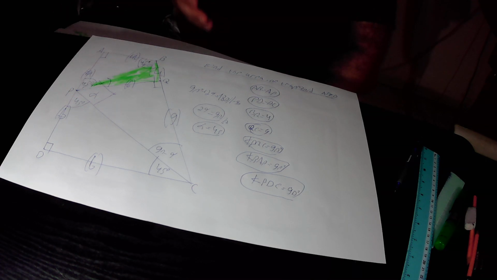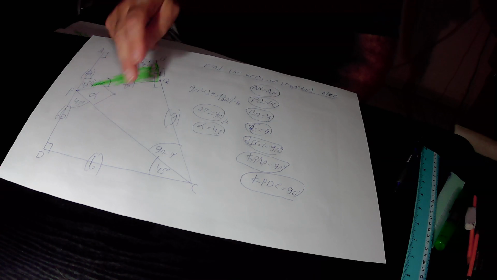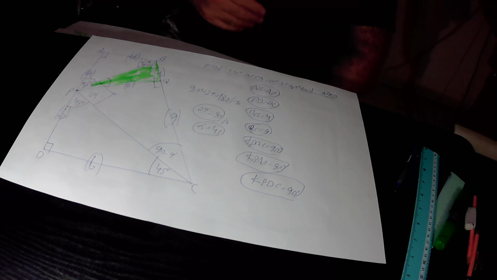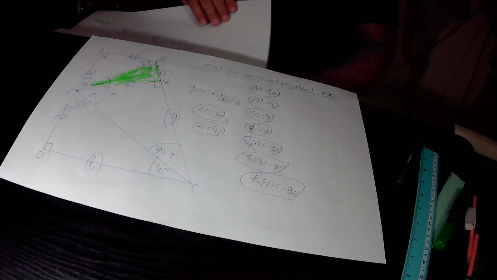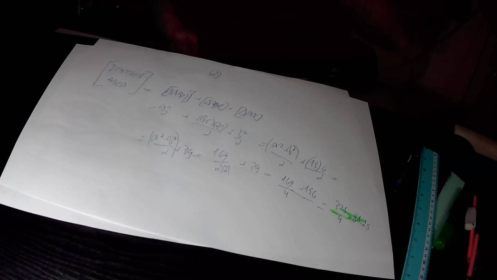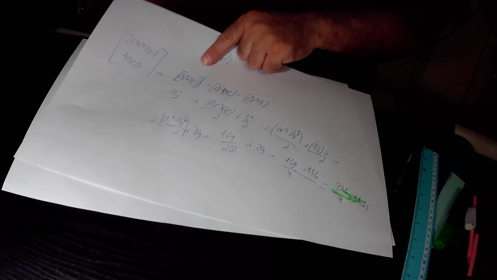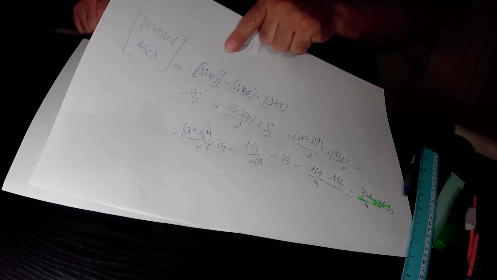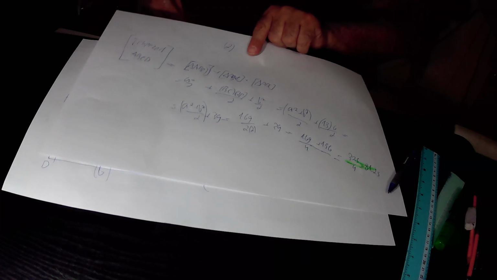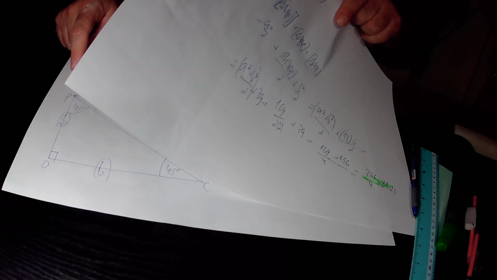So the area of trapezoid ABCD equals the area of the small right triangle ABP plus the area of the big right triangle PBC plus the area of the right triangle PDC.